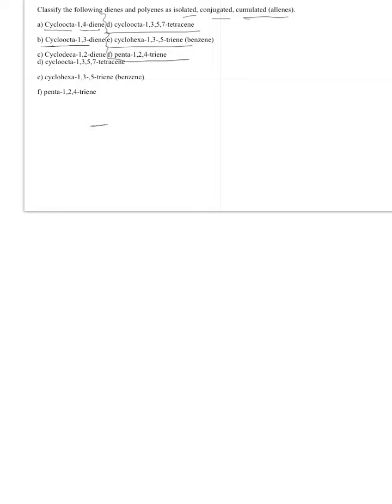Cyclooctadiene 1,3. So let's go back to drawing our stop sign. And then there's 1, there's 2, there's 3. So that's cycloocta 1,3-diene. And then let's classify the hybridization. That's an sp2 carbon, that's an sp2 carbon, that's an sp2 carbon, and that's an sp2 carbon.